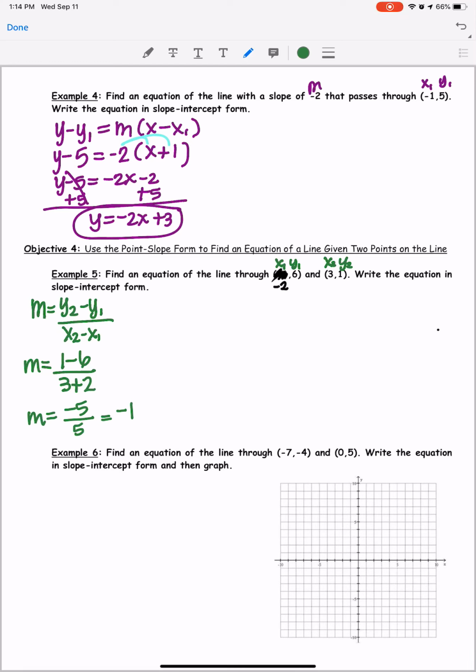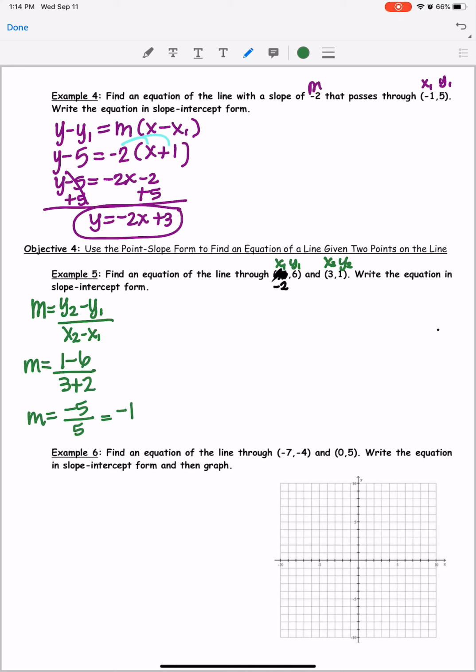So now that I have a slope, use one of these points. It does not matter which point you use. Now, I'm making this line up, but let's say this line is like this. Whichever point you pick, it doesn't matter because both of those points are on that line. So you're going to get the same answer no matter which one you choose.